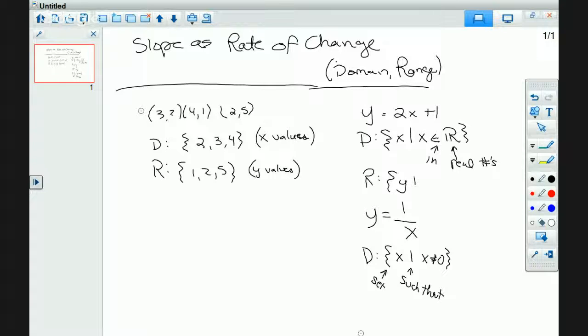Okay, what y values will I get out of here? Is there anything I won't get? I can get 0 if I plug -1/2 in there. -1/2 times 2 is -1 plus 1 is 0. Yeah, there is nothing. So y, all possible numbers. The y values are in the real numbers.